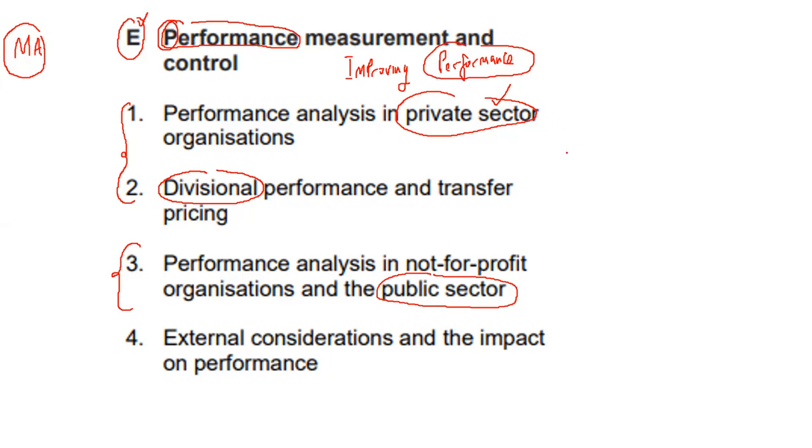This area of the syllabus has got two main elements. What are those two main elements? It's the concept of financial performance and non-financial. So these are the two main areas of this syllabus: financial and non-financial.